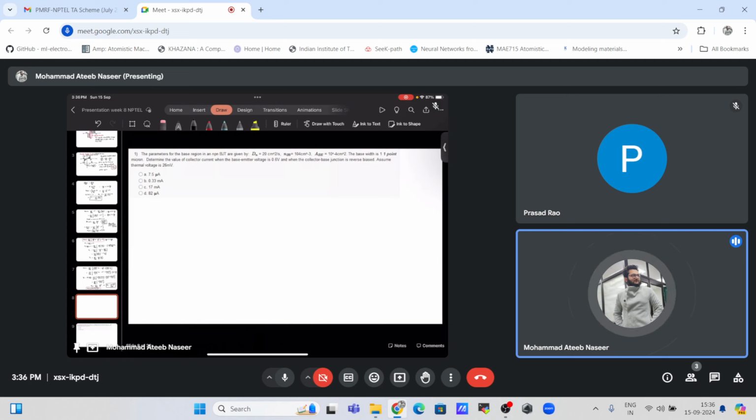We will have the current and voltage relationships based on how we bias the base-emitter junction and the base-collector junction.